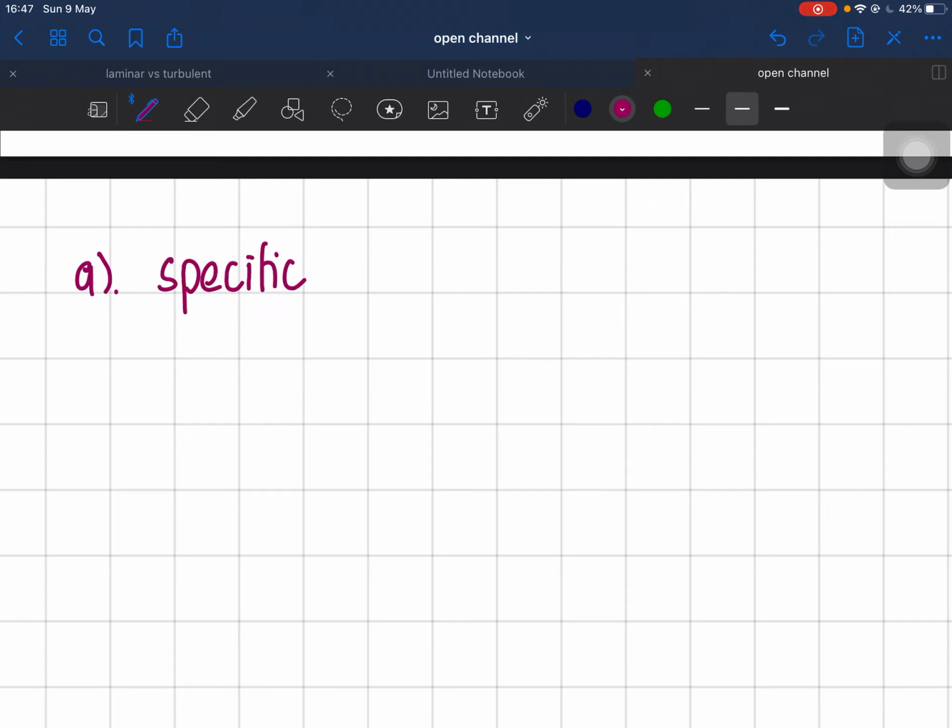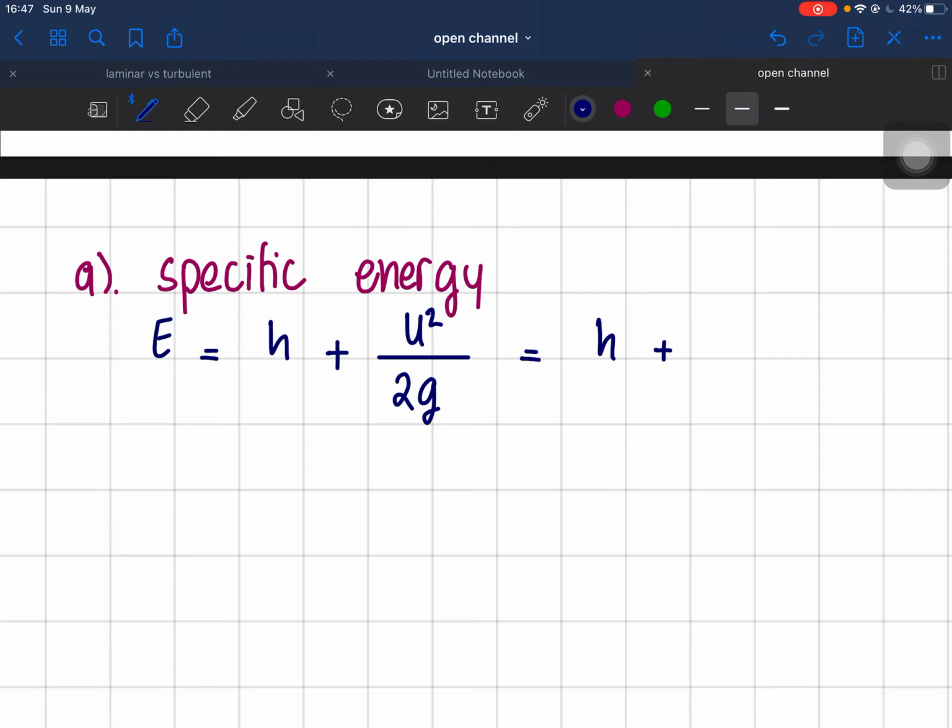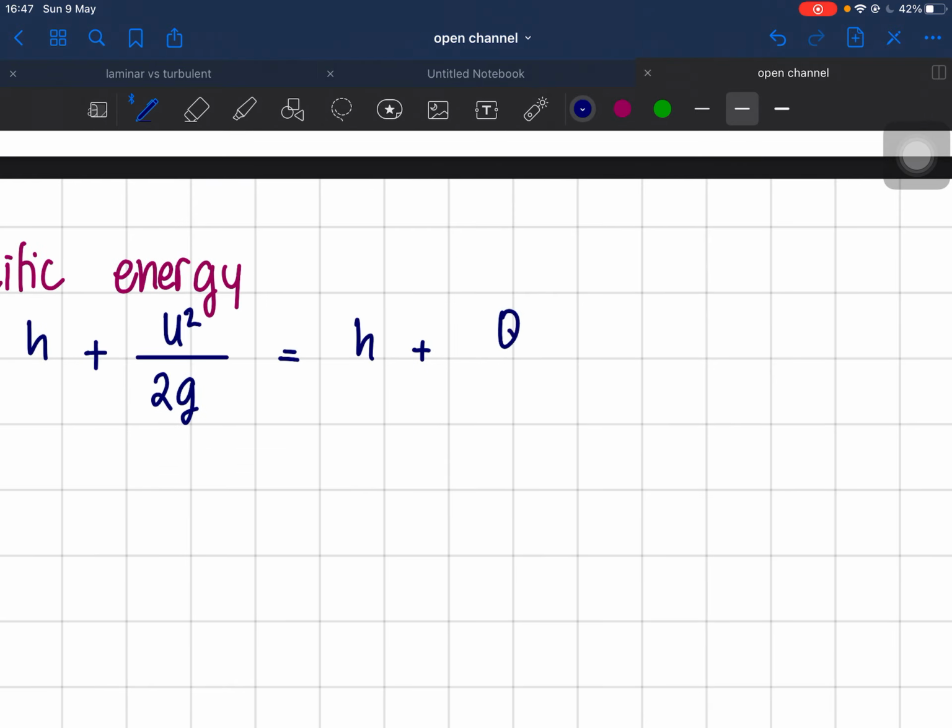So the specific energy is, we're finding the specific energy equation now. So E is the symbol of it, equals H plus U squared over 2G. I mean we expand it to get quite a lot more things that we know, because we don't know this one. We don't know this one.